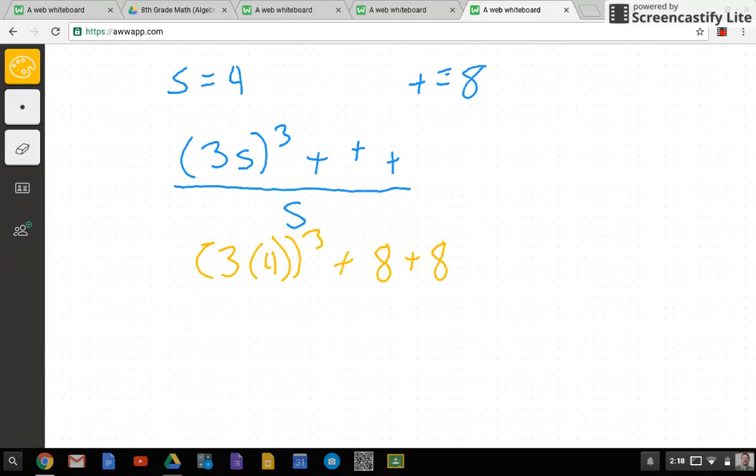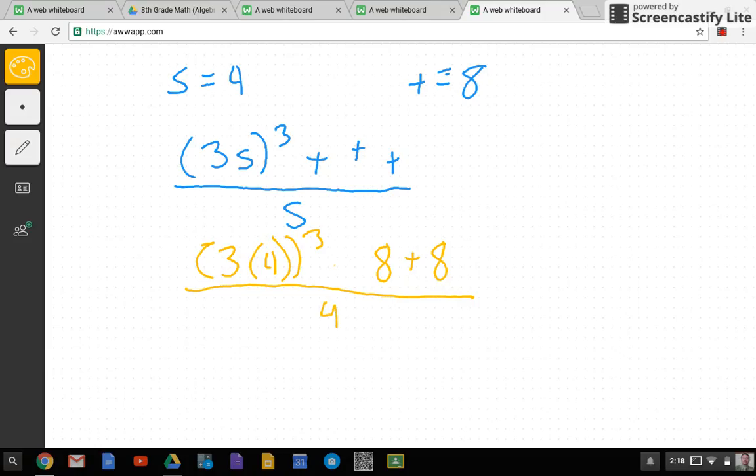So let me get rid of that. So that would actually be times 8 plus 8. I believe. Yes, it is. Okay. So now then, all of that is going to go over S, which is 4.